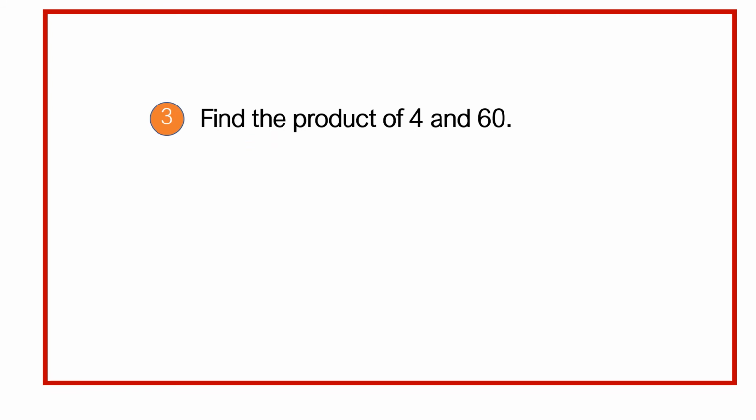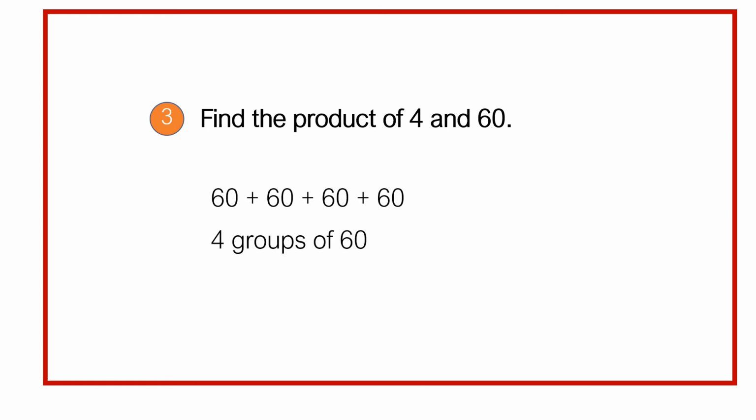Part 3. Find the product of 4 and 60. So we can have this as 4 groups of 60. Or we can simply say 60 plus 60 plus 60 plus 60, 4 times. But to do this easily, we can use multiplication.